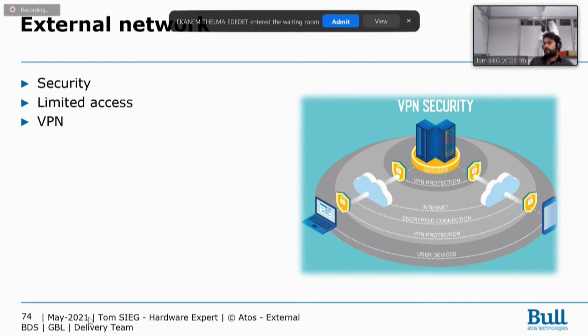So the security is very important for the external network connection. It is security to prevent any hack or data leak, but also network security itself, like redundancy or high availability solutions.